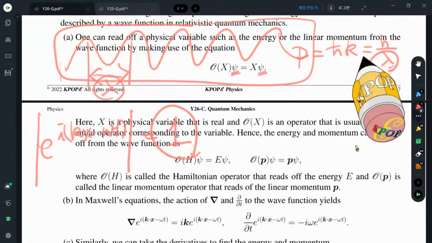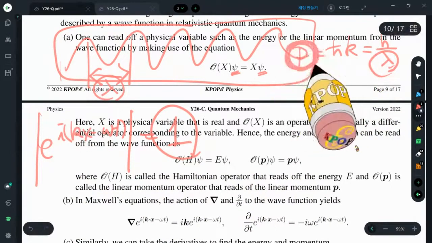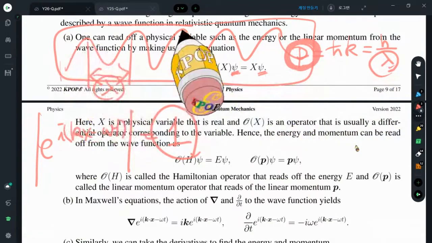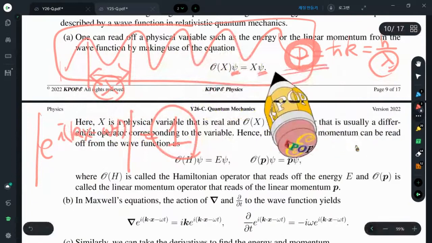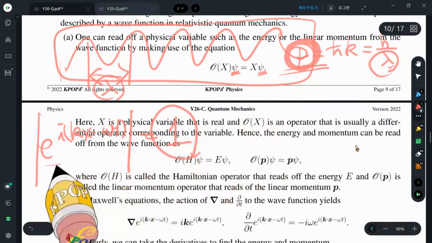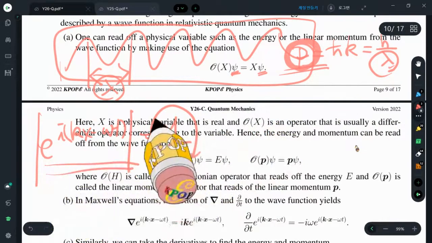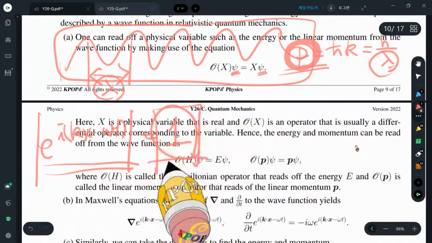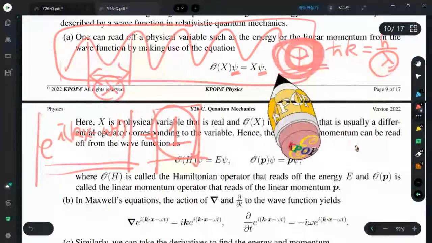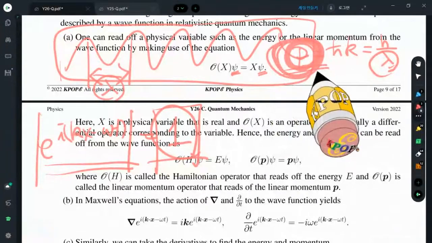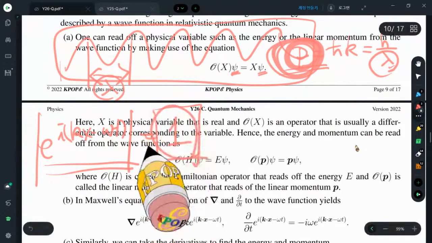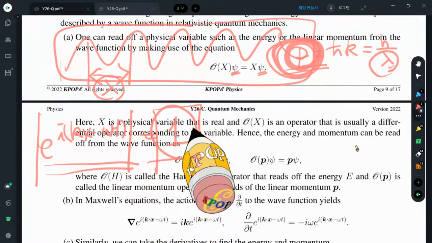So even though you are able to find the momentum, this monochromatic wave determines the momentum exactly. However, the probability density over the space is unity all over the space. Determination of exact p gives you no information about the position of the particle.